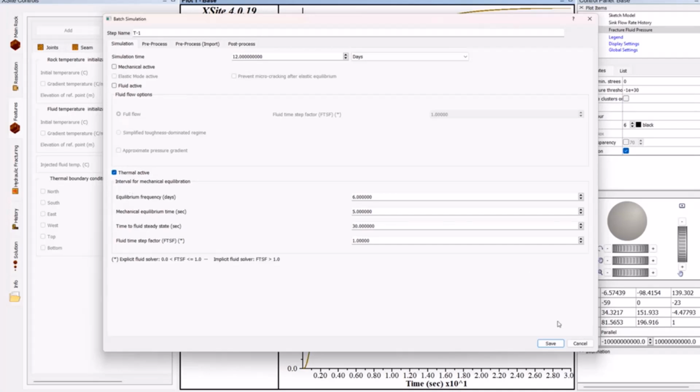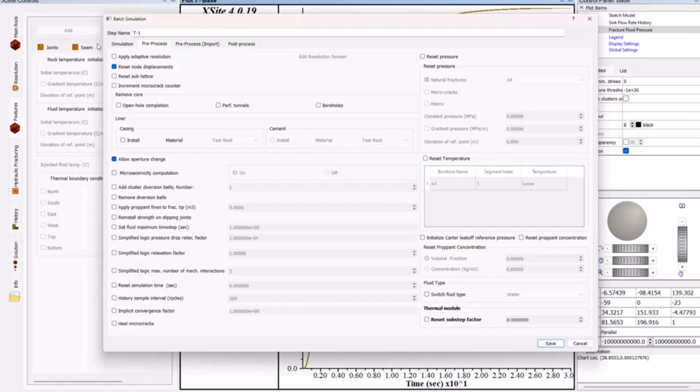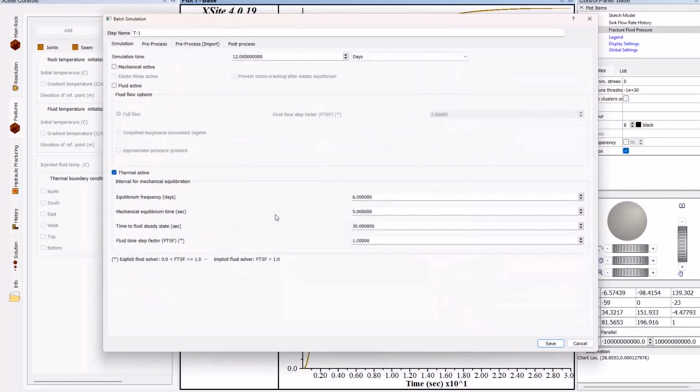Basically, the way this is done, we save the state of the model every 12 days. However, the coupled simulation is carried out in such a way that every 6 days we stop the thermal simulation, which is advection and conduction, and then we run the model to mechanical equilibrium, running it for 5 seconds, and then we run the model to fluid flow steady state, running it for 30 seconds.